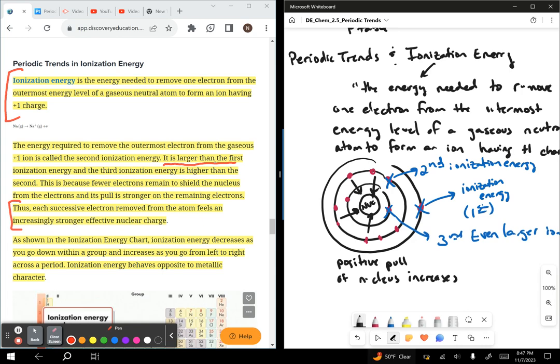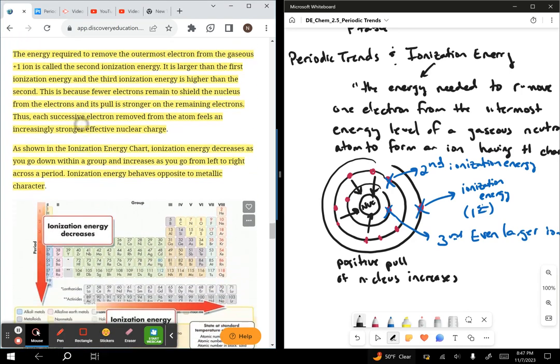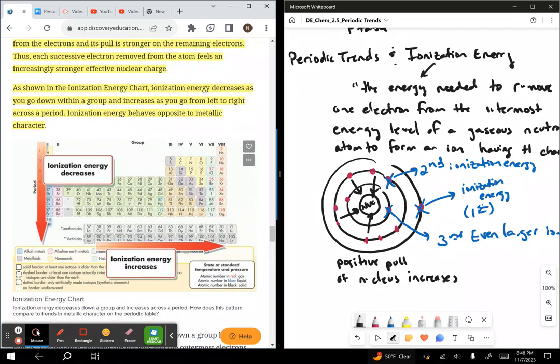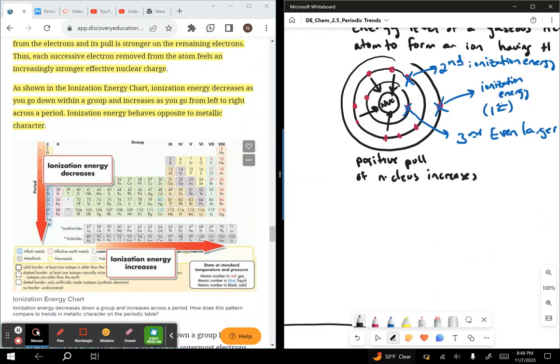All right. I know there's a lot to say here. You can see here, ionization energy decreases going down and it increases going right. So let's try to draw some lines there.